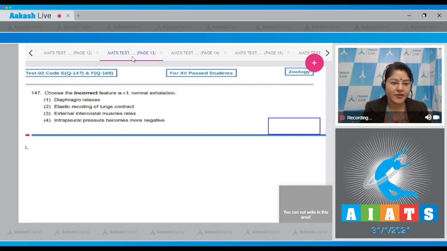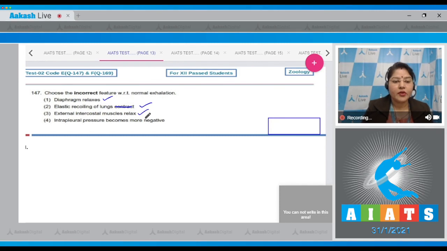Question number 147. Choose the incorrect feature with respect to normal exhalation. And the options given are, first option, diaphragm relaxes. This is correct. Second option, elastic recoiling of lungs. This is also correct. Third option, external intercostal muscles relax. This is also correct.